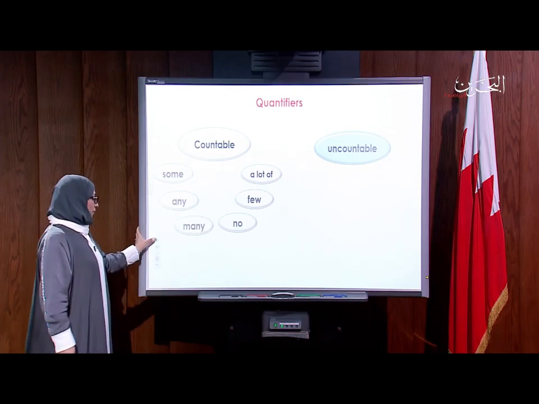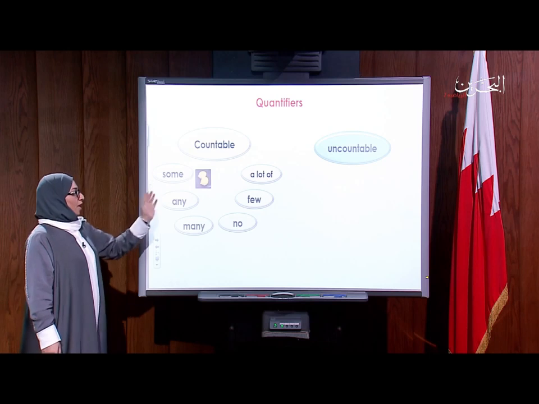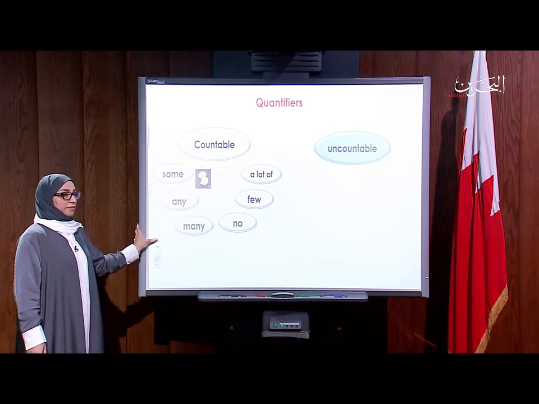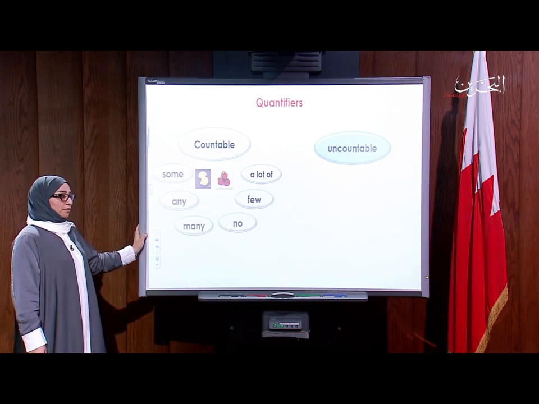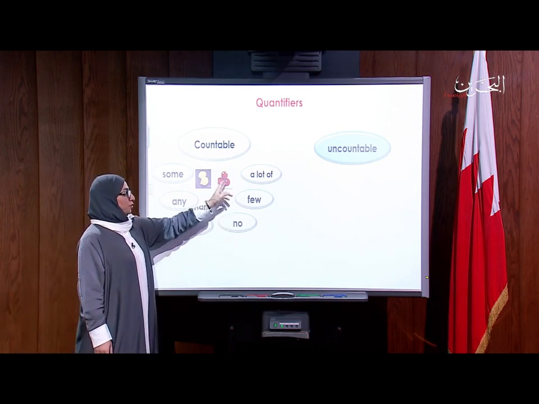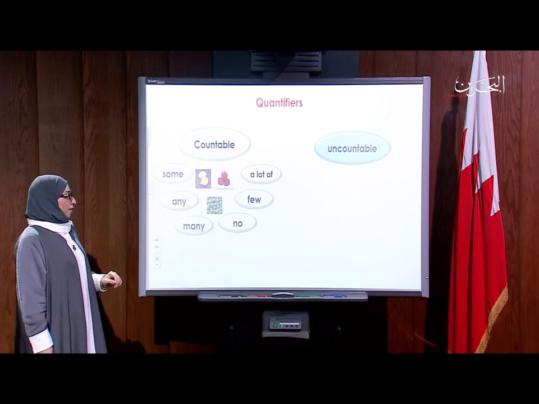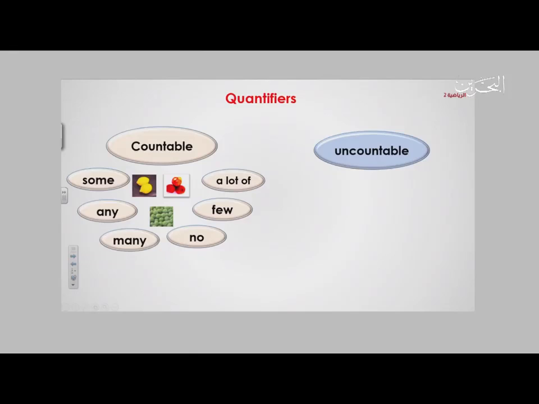For example, I have some lemons. Or, I have few tomatoes. And this one, the peas. Do you have any peas? From my example, when I say, do you have any peas, it means any, I use it with questions.